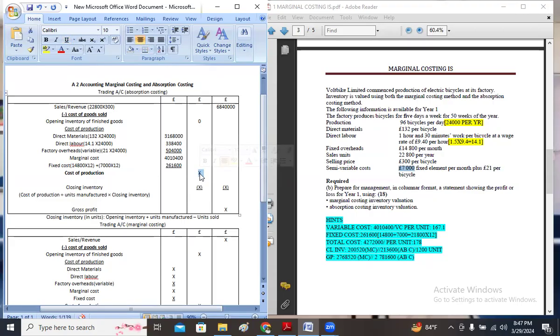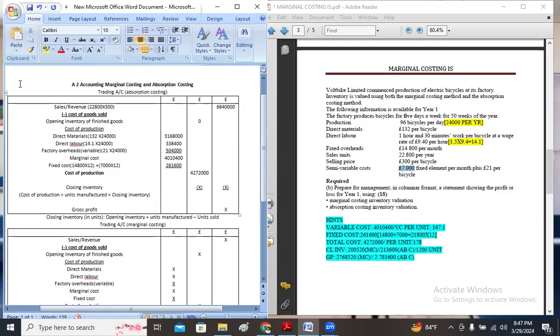Now the total cost of production is marginal cost plus fixed cost, so 4,010,400 plus 261,600, that is 4,272,000.